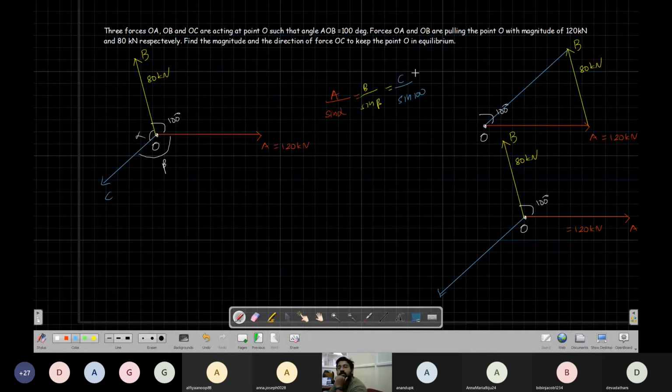So I'll take two equations, solve them and find the values. Then one more thing I know is alpha plus beta plus 100 should be equal to 360 degrees. So I can use this to solve.